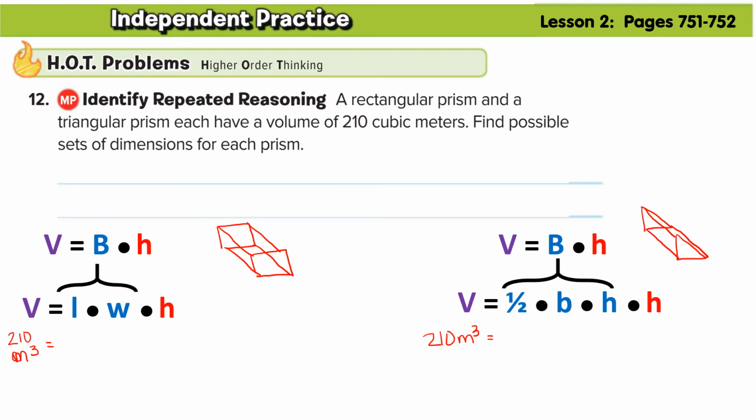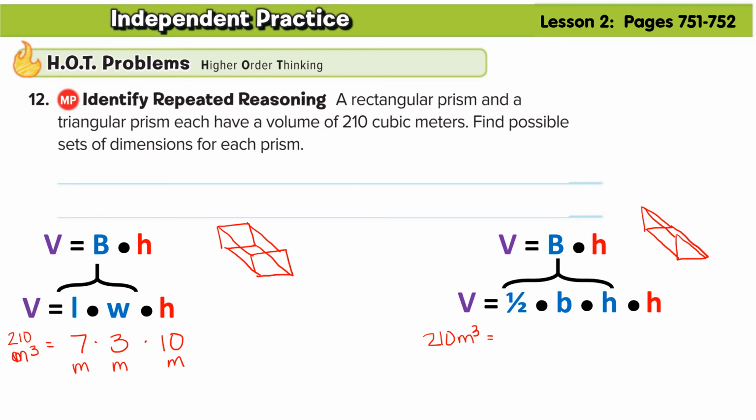Okay, now one thing I do have to say is I know that 7 times 3 is 21, and then times 10 is 210. So you could have that. That's pretty easy. Meters, meters, meters. Okay?